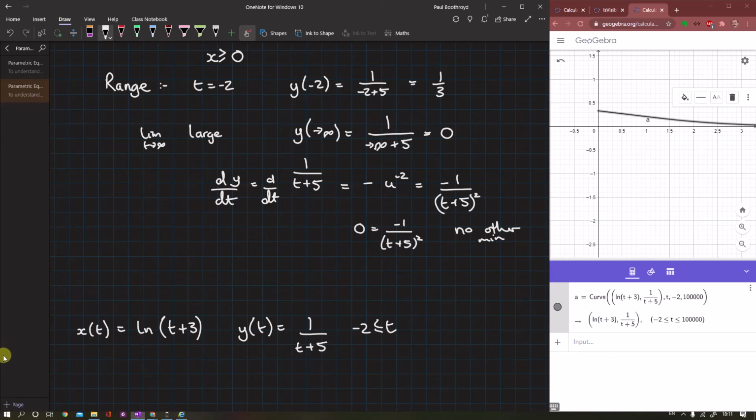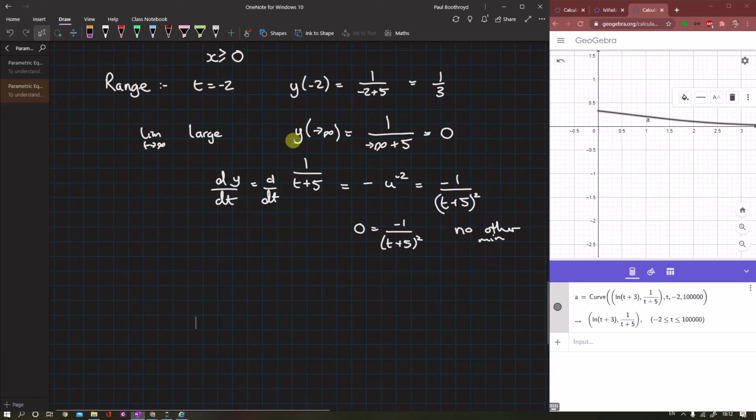So now I can take the range of this value as being from 0 to 1/3, y is in the middle.